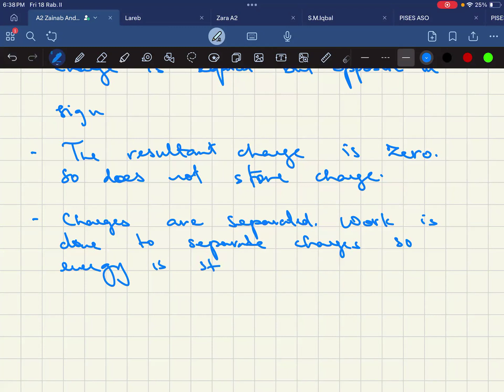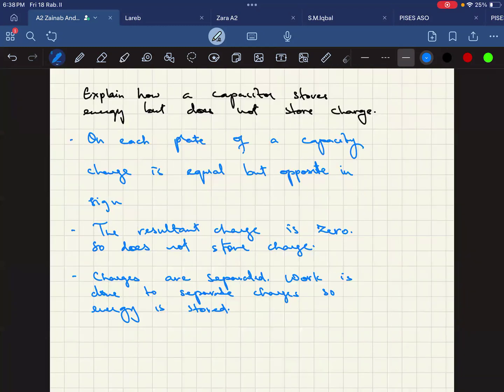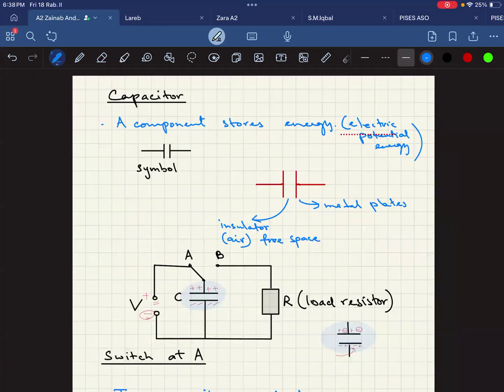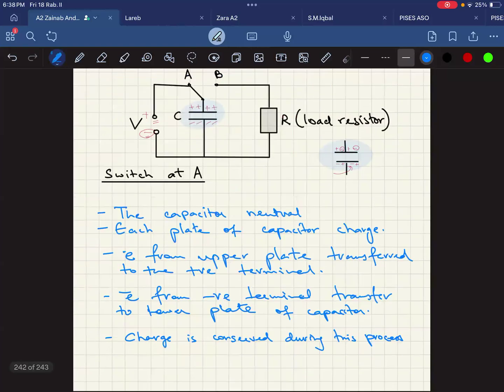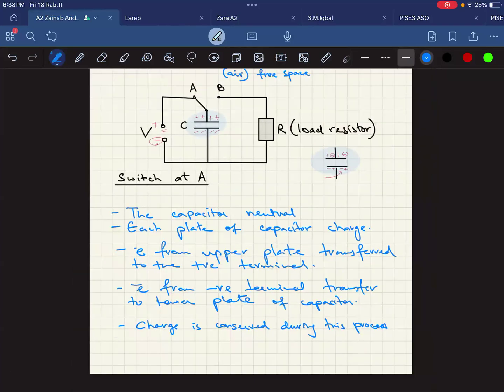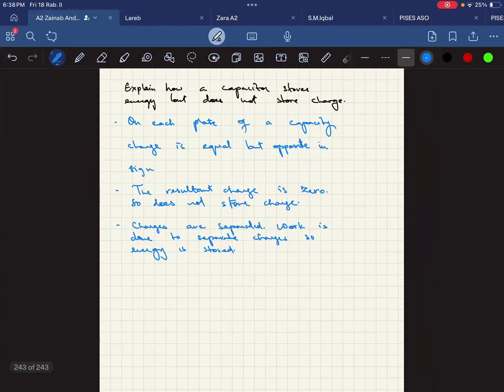This is a very common question. And remember, that's why, whenever I used the words storing charge, I've always used another word, each plate. Each plate stores charge, but saying a capacitor stores charge is a wrong statement. So this is how we charge the capacitor, and this is how we can say that a capacitor only stores energy but does not store charge.